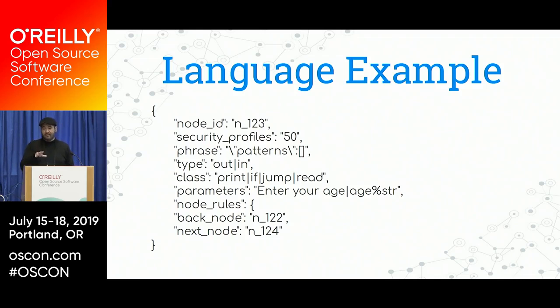So at the end of the presentation, I'm going to show you how it works and how all the pieces work together. So continuing with this structure, for example, in a chatbot, you can create this kind of language with different kinds of instructions like print, if, jump, read information, and set some parameters, like a common language.